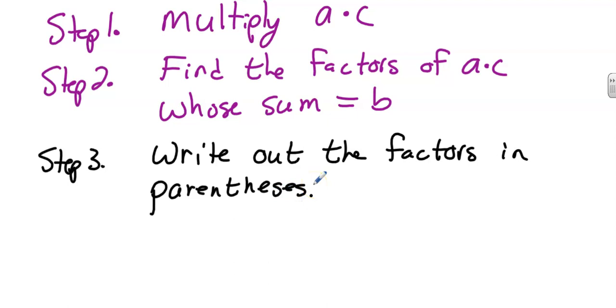If the factors were 2 and 6 like in the last problem, we'll write 2 and 6. Here's where it's going to go extra. Here's step 4, the extra part. Because we multiplied by a in the beginning, now the numbers are basically too big. So what we're going to do is go back and divide each factor by the a term.